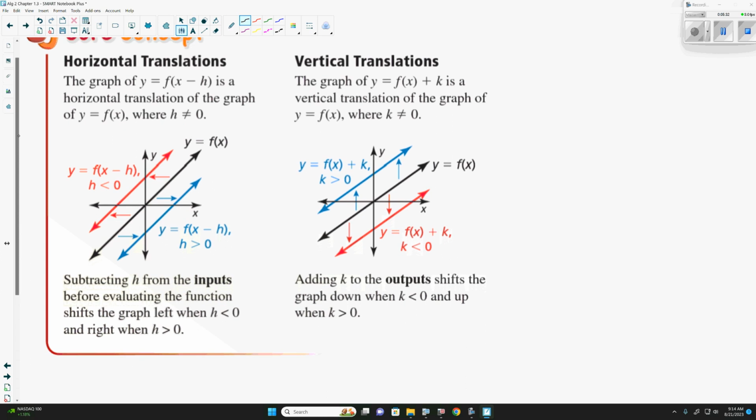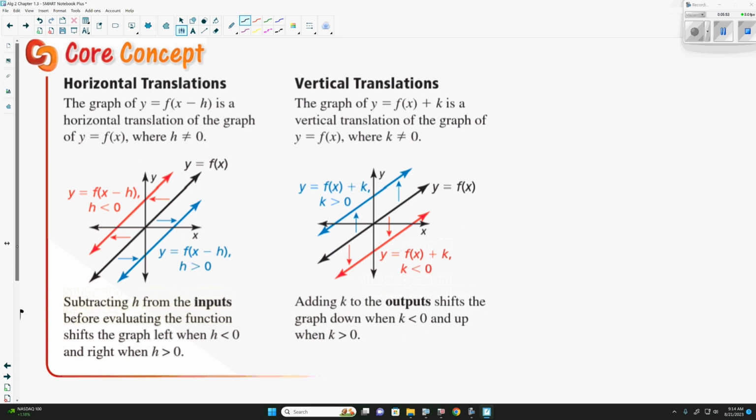Now this here is already in your notes. It's the first thing that we have. Horizontal translation. We're moving the graph left and right. The graph of y equals f of x minus h is a horizontal translation of the graph of y equals f of x. We're changing the input.